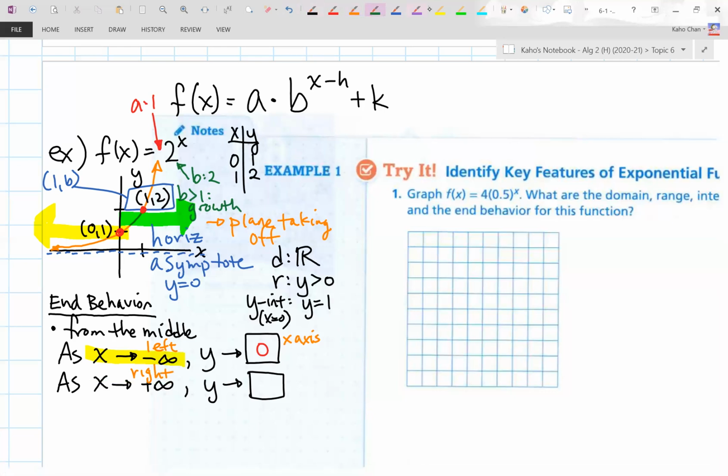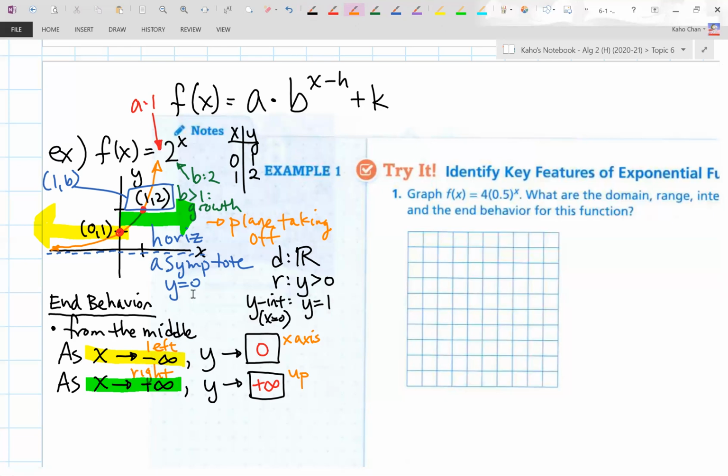Whoops, wrong color. Green. I'm going to the right. This time it's going way up there. Woo! This is going to be positive infinity. It's going way, way up. All right. So this is something that is new for most of you, the idea of end behavior, and it's from the middle. Okay. All right.